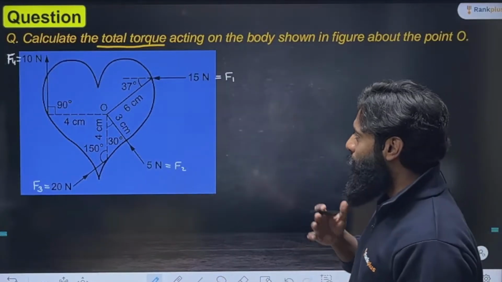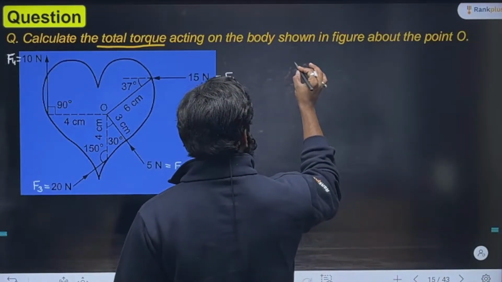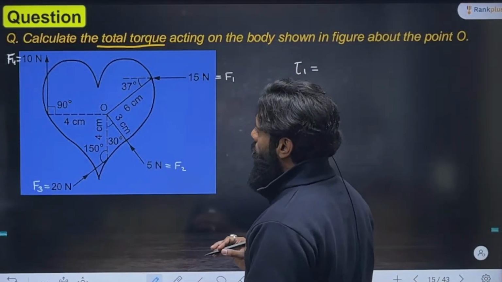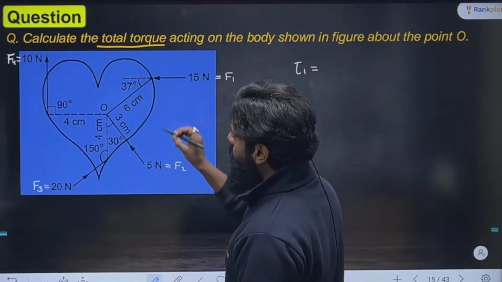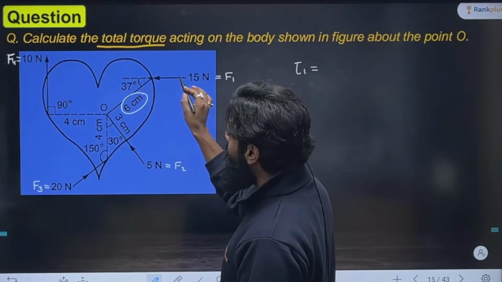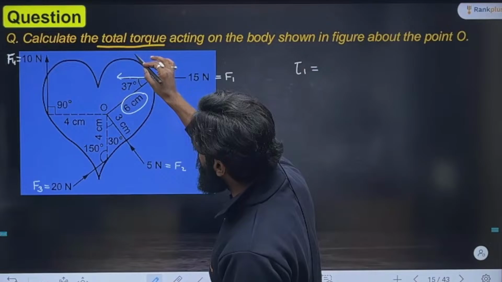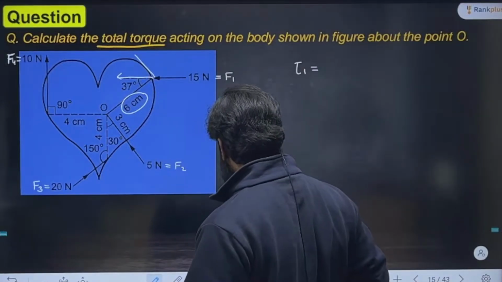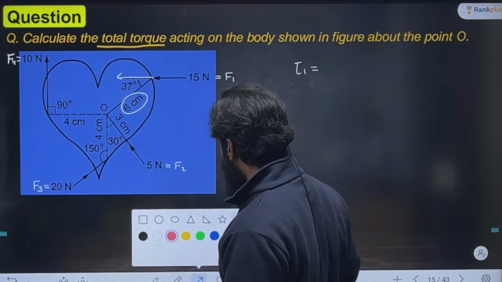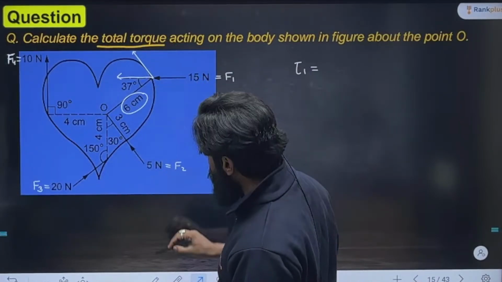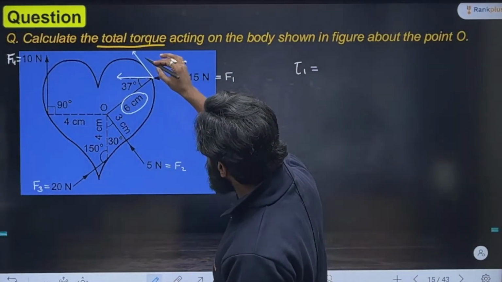So let me find the first torque, torque 1. For getting the torque, you know that we have to take the distance multiplied by the perpendicular force. This force is acting in this direction. If you have to consider the perpendicular force, you have to take it in this direction. This is F sine theta.